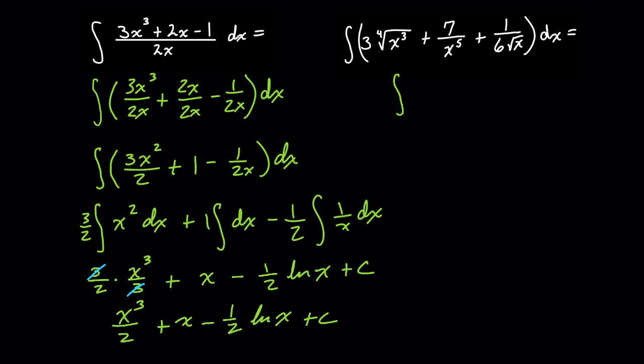So in this case, I would convert the radical, so make it 3x raised to the 3/4 power plus 7x to the negative 5 plus 1/6 x to the negative 1/2 dx.